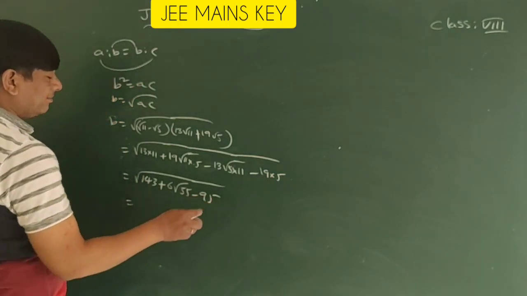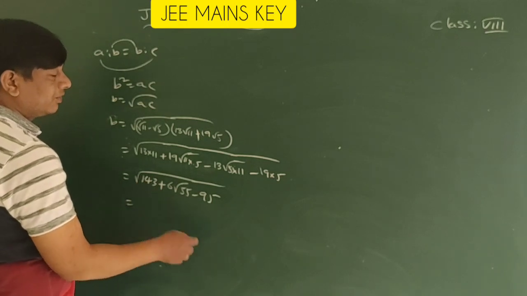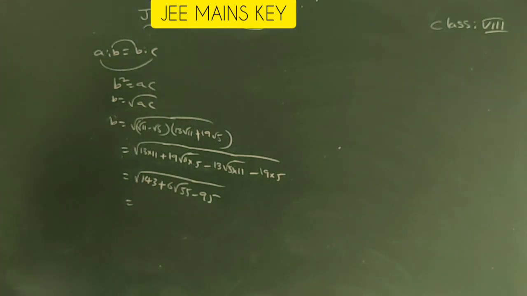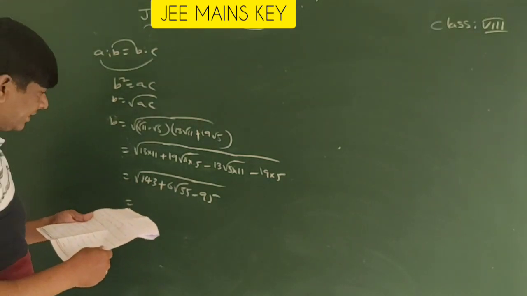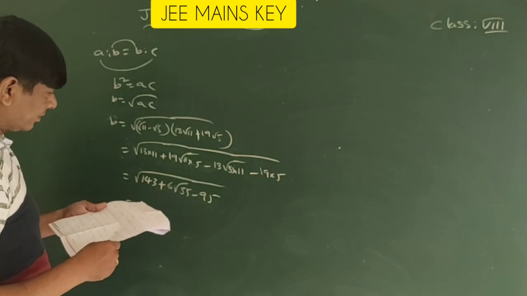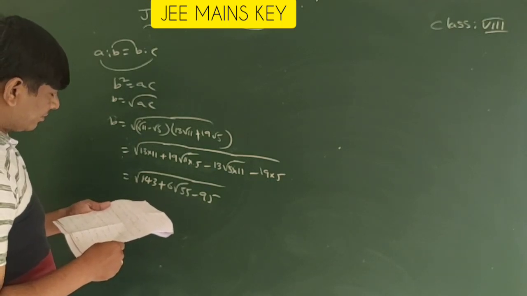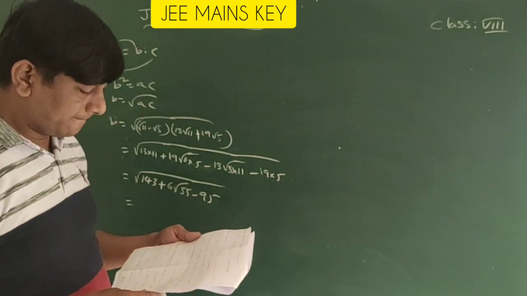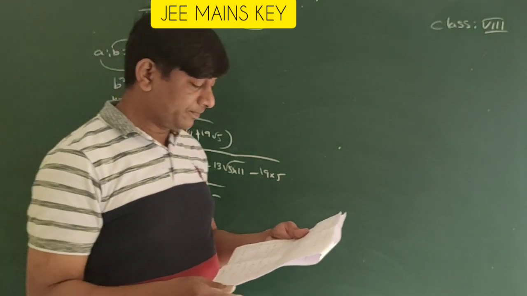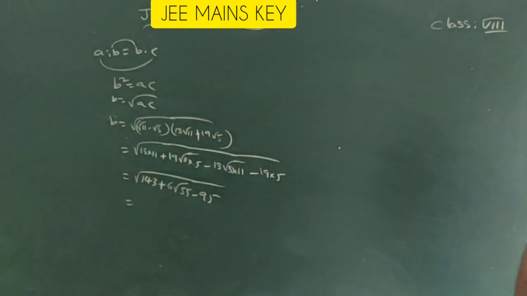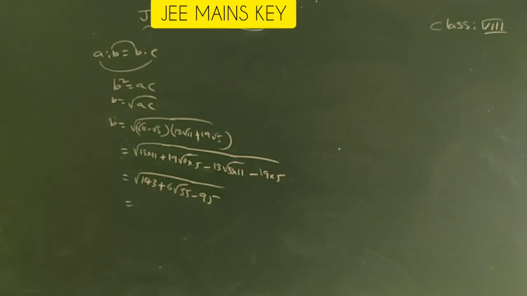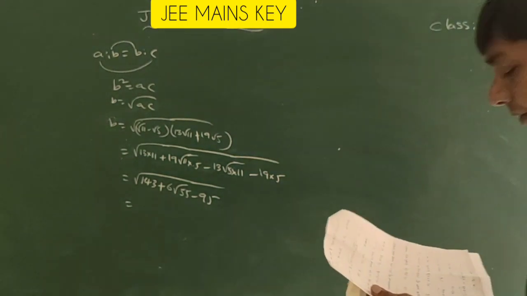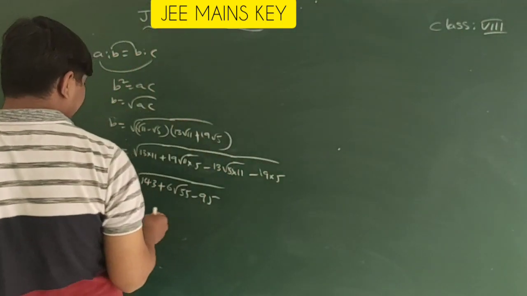Now subtract them. You will get a value, and find out the square root. The final answer is root 33 plus 15.